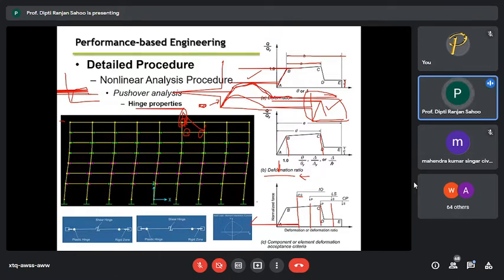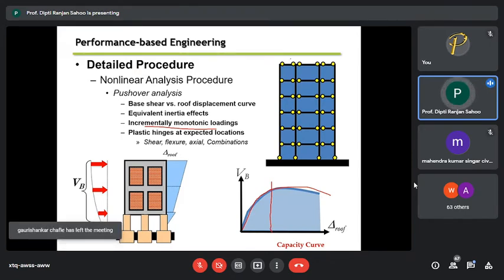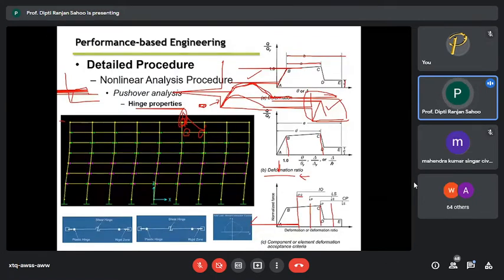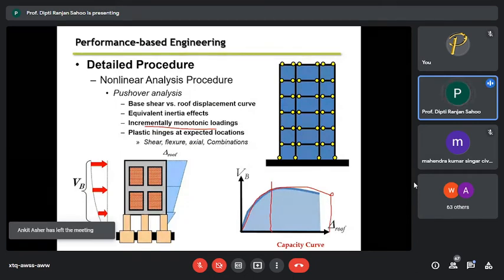If you do the pushover analysis, first the modeling. Once you do the modeling, keep doing the incremental loading, you will get this kind of curve, and at any point you can find out the hinge status. Let's say this collapse prevention point should be at a displacement of 25 mm, but your pushover curve gives a collapse displacement of 20 mm.